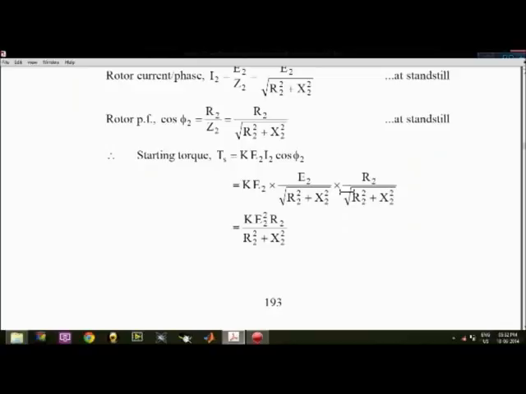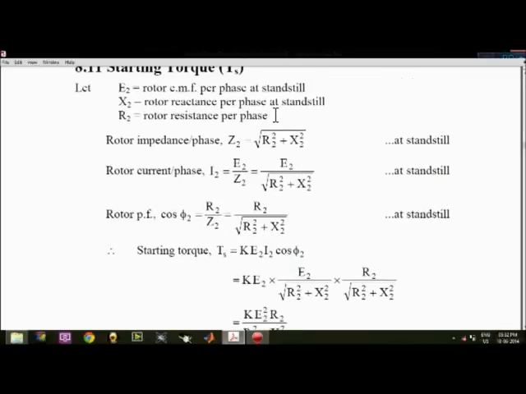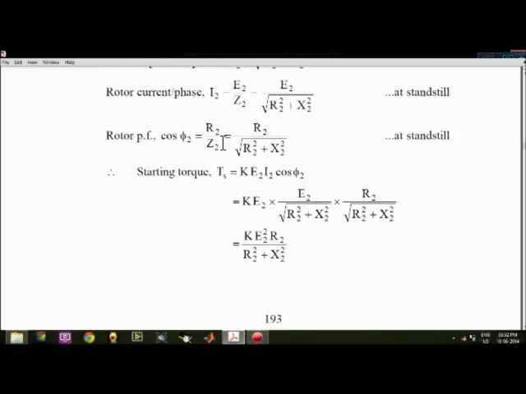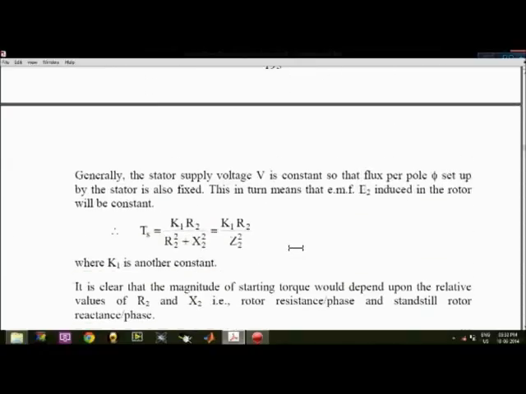Before this we read the formula for starting torque, that is K times E2 I2 cos phi 2. This starting torque depends upon all three factors, that is the rotor EMF, rotor current and the power factor. So we multiply all these three terms and the starting torque comes to be K E2 square R2 by R2 square plus X2 square.